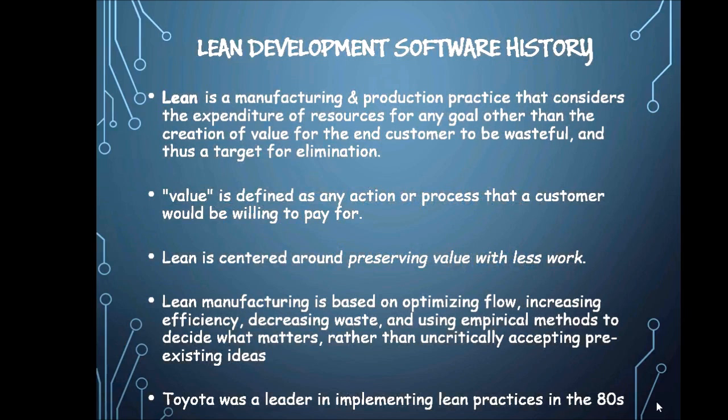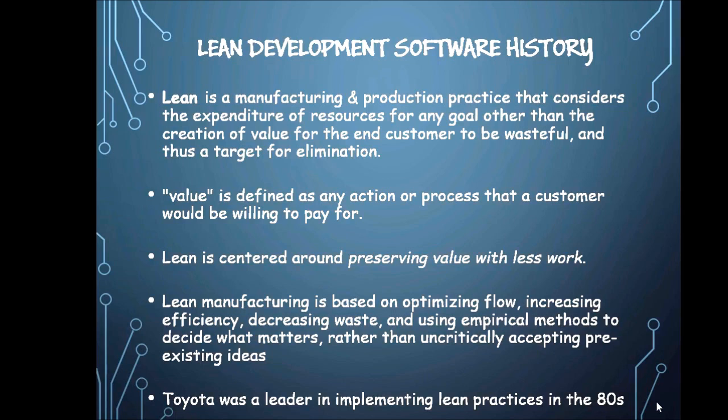Lean is a manufacturing and production practice that considers the expenditure of resources for any goal other than the creation of value for the end customer to be wasteful and thus a target for elimination. Value is defined as any action or process that a customer would be willing to pay for.